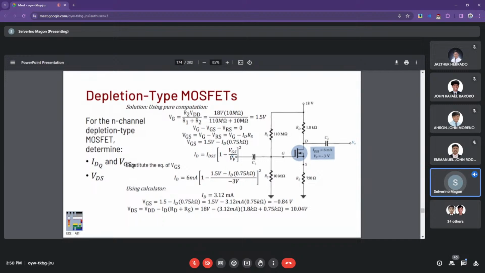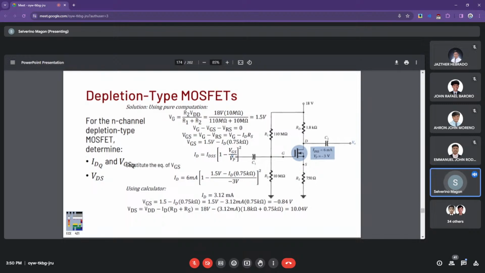Right, so for the Shockley's equation, we have the IDSS as given and the pinch-off voltage. Then we have an equation with one unknown, and maybe you can use the quadratic formula or, on a calculator, just hit shift solve and come up with the drain current at 3.12 milliamps.